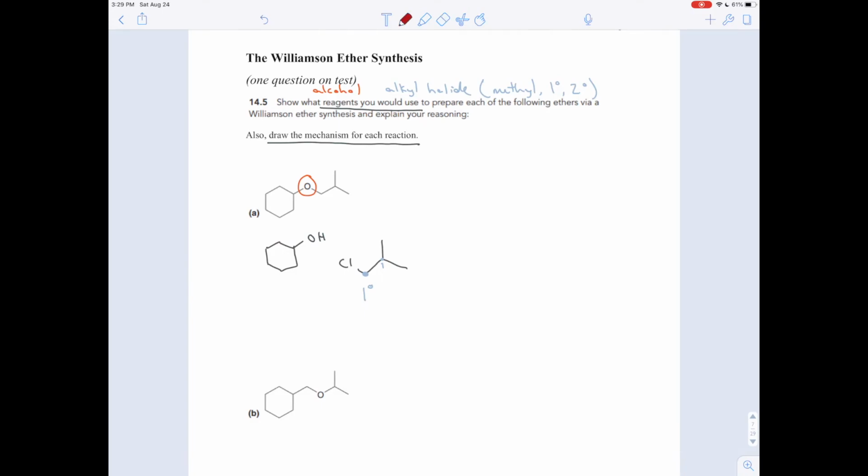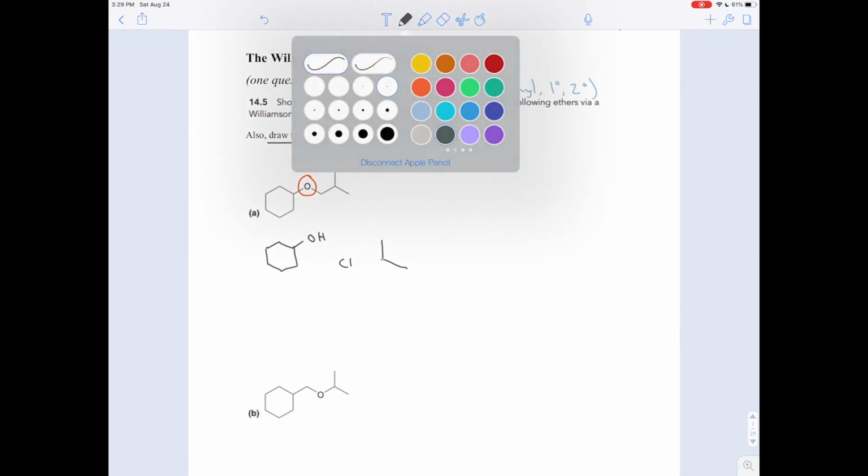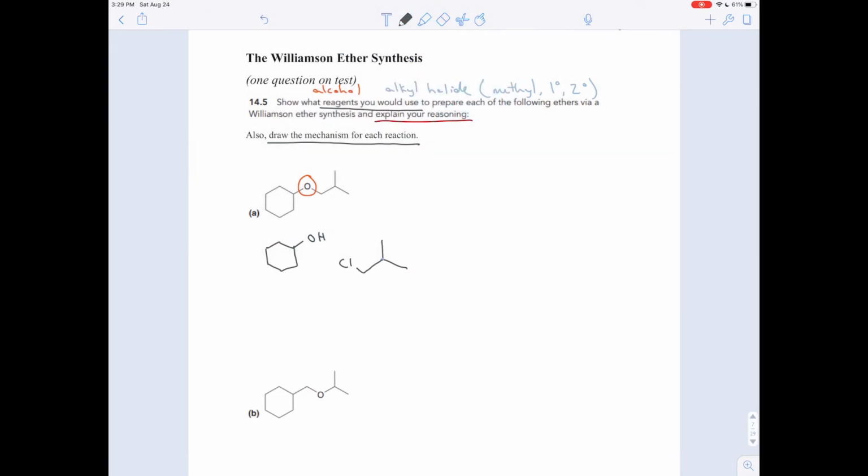So here, when it says to explain your reasoning, so these are our reagents, and when I'm explaining my reasoning, I would say these would be the reagents because the alkyl halide is less substituted, and so the SN2 reaction will be more efficient.